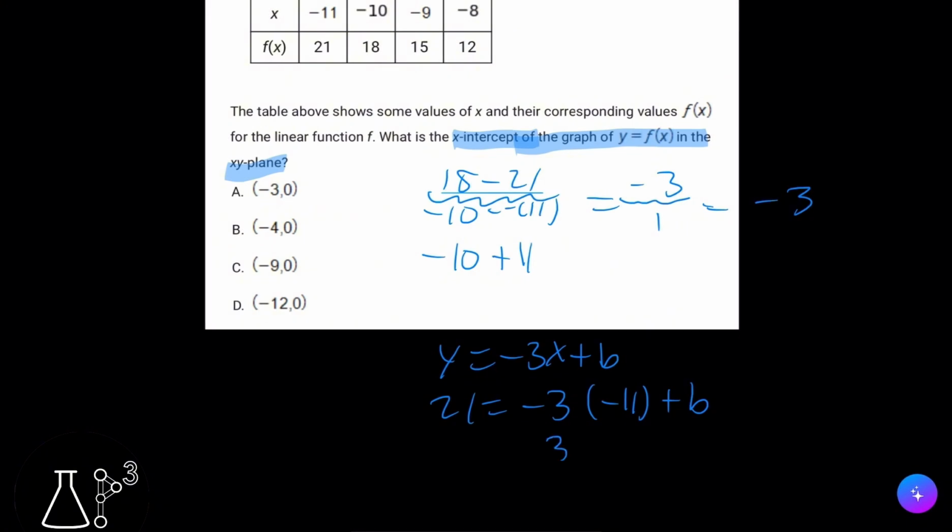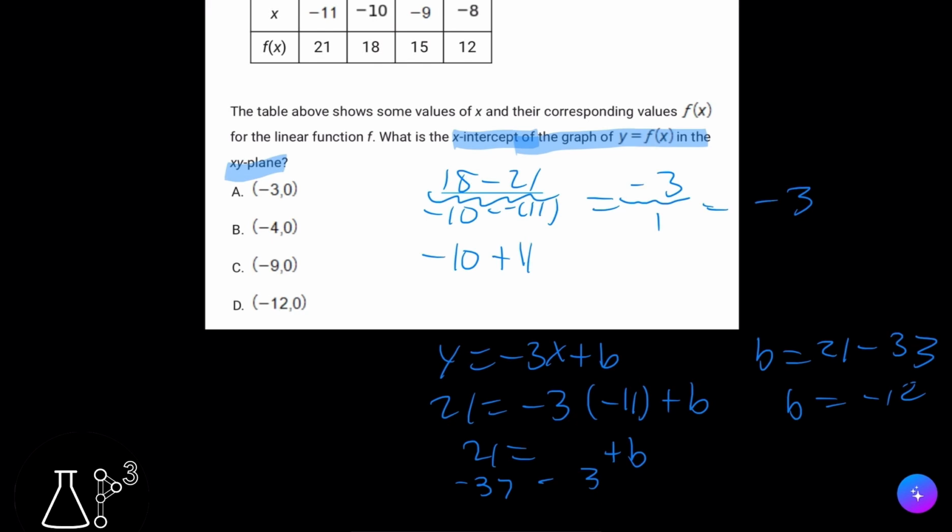So 21 equals 33 plus b. All I have to do is subtract 33 on both sides. The 33 on the right side cancels out, and I have b equals 21 minus 33, and b equals negative 12. Yeah, b equals negative 12.